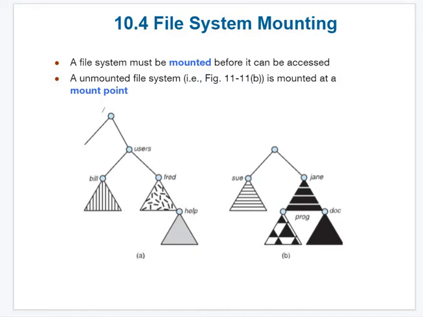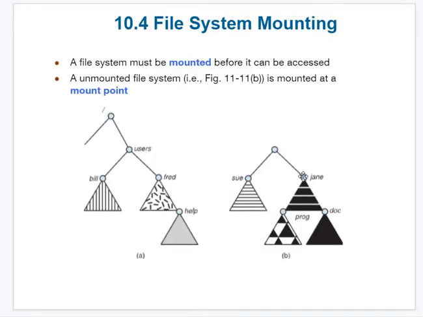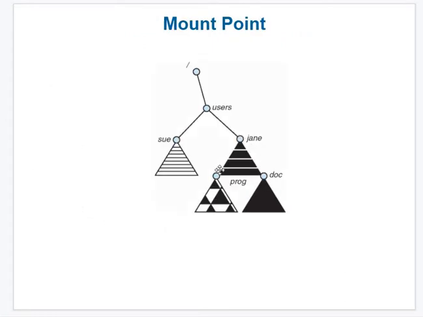What happens when we try to mount this, from Jane onwards? I want to attach Jane onwards to users. That means I have to remove Fred and help. You can see here, Fred and help are removed, so Jane is now mounted under users.